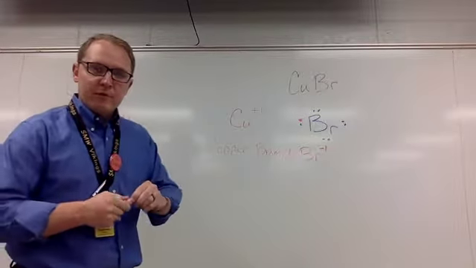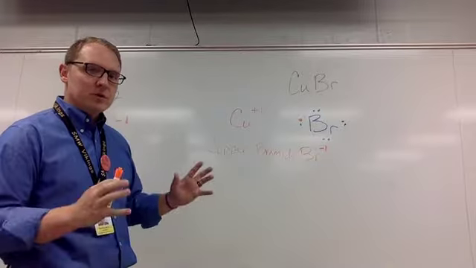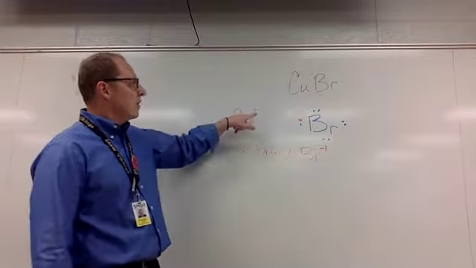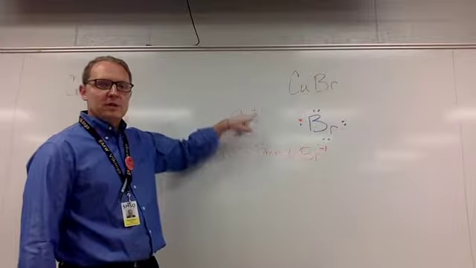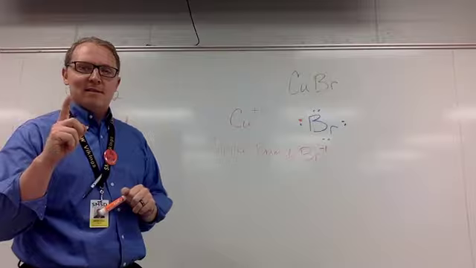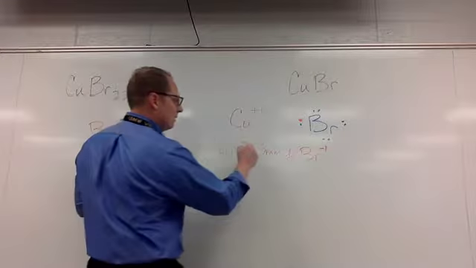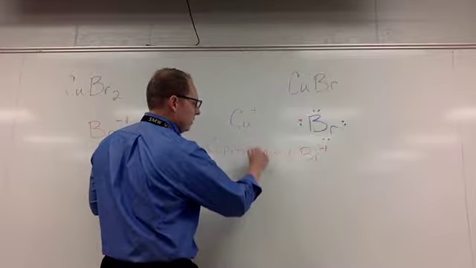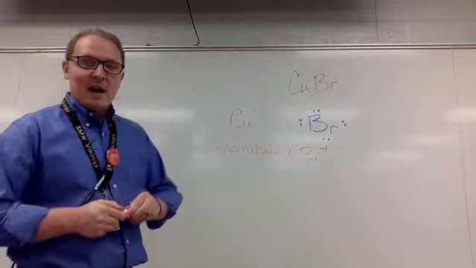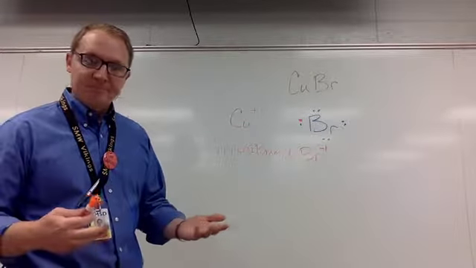But then there's rule number 3. Because copper has a variable charge, we have to put a Roman numeral in here. The Roman numeral represents what the charge is on the copper cation. And in this case, it's 1. So we call it copper, and in parentheses, we put Roman numeral 1. It's copper(I) bromide, right?